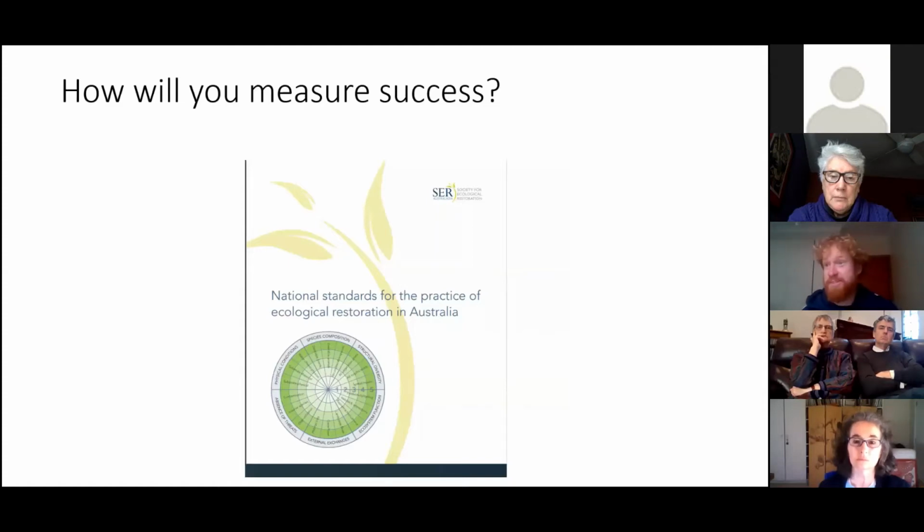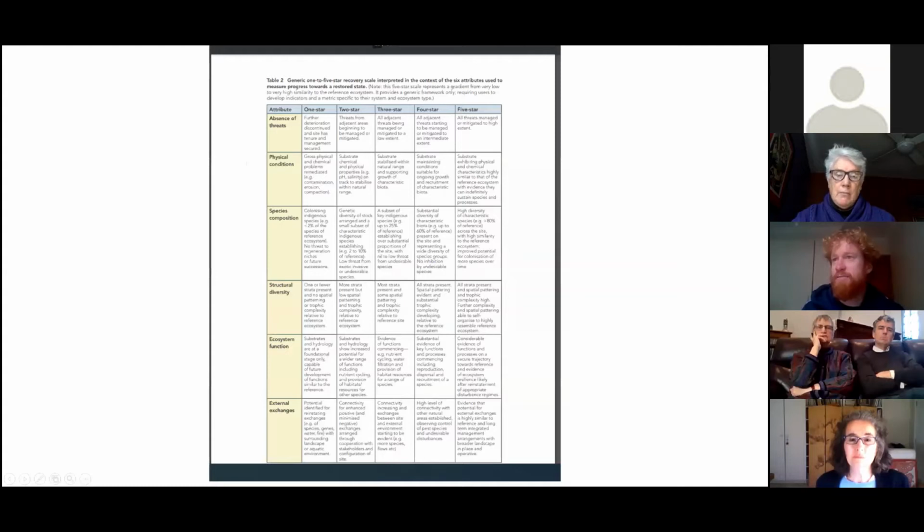How do we measure success? Well, aside from those features we talked about, if we're looking for a general approach, there are standards. So the national standards for the practice of ecological restoration in Australia. This is what we're applying at Darebin Creek Management Committee. And within those, we have these 1 to 5 star ratings. Sorry, I'm just trying to move this.